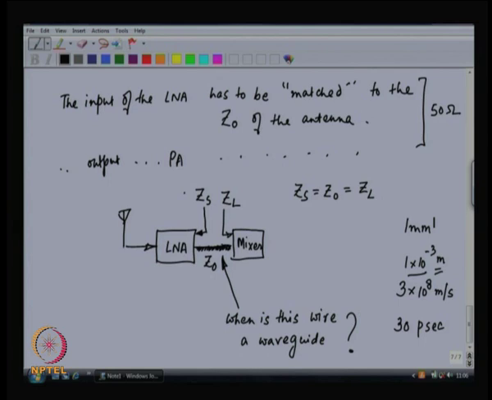So, if you can measure 30 picoseconds, if you can measure that amount of time, by measure I mean if it means something to you, if your signal is at 1 gigahertz, that means 360 degrees of your signal is 1 nanosecond, that means 30 picoseconds is about 20 degrees phase. So, if 20 degrees phase is something important to you, if you can measure 20 degrees of phase, then it is not a wire.